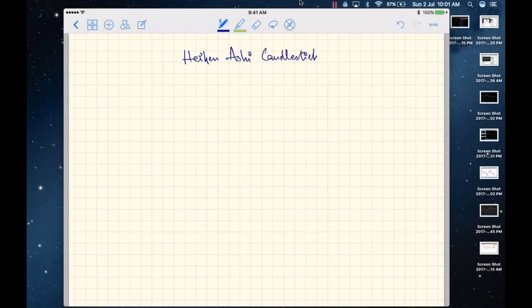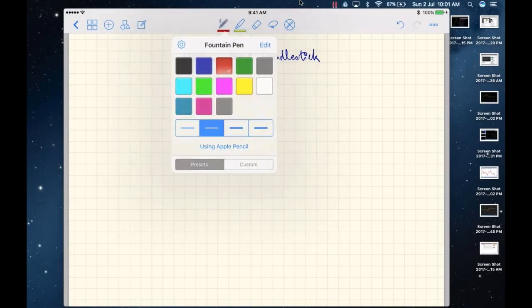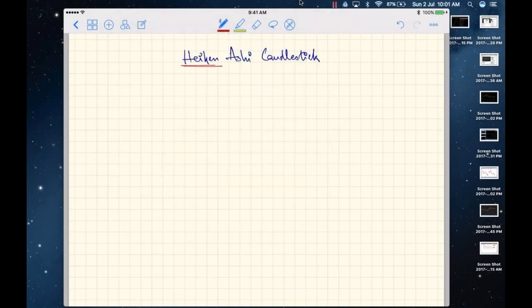Heiken Ashi candlestick patterns. The word Heiken means average in Japanese, and the word Ashi means pace. So we are looking at a market where the pace of the market, or the rate at which it has been going up or down, or even if it's sideways, the change of prices have been averaged out.